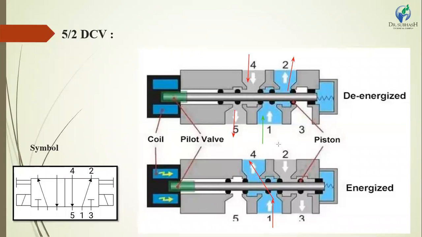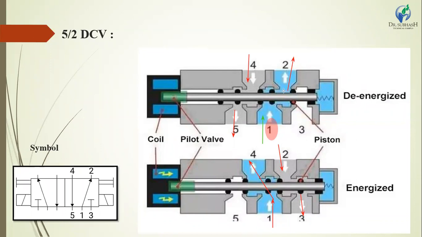Here the oil at port 2 returns to port 3. Point 1 is only an input, directly connected to the hydraulic pump, and it gives pressurized oil to the 5 by 2 direction control valve.